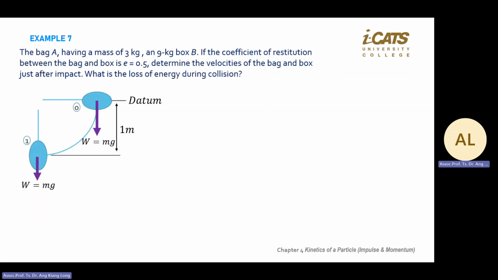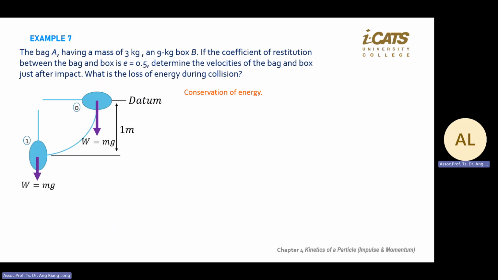Once you have the diagram, then you use conservation of energy. Okay, when do you know you can use conservation of energy? When you see the question mention the words no loss of energy, and so on, then you can pull out conservation of energy. Conservation of energy means you only consider 3 types of energy. If there's a V, then there's kinetic; if there's a change of height, there's potential; if there's a spring, then there's spring energy.